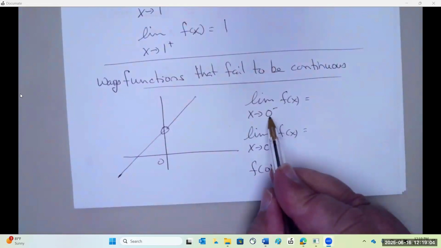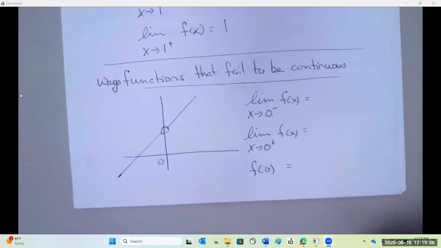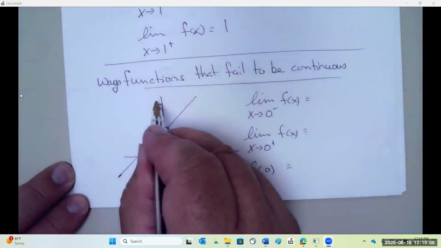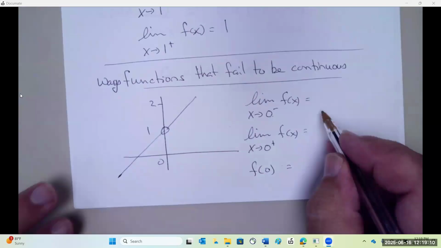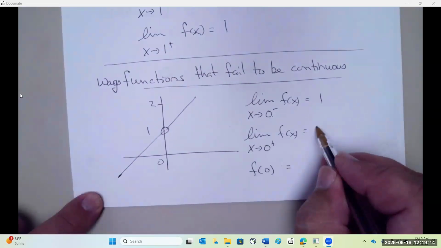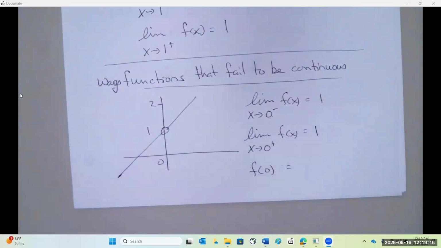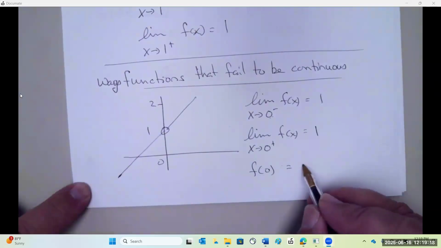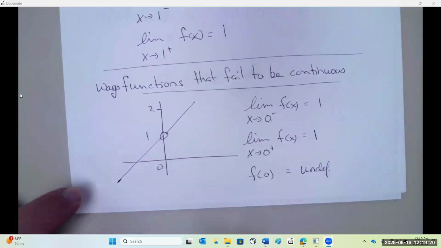So as x approaches 0 from the left, what do we get? Oh, this should be 1. That equals 1. As it approaches 0 from the right, it equals 1. At 0, it's undefined. Because it doesn't exist at that point, we have a big problem, since the domain doesn't contain the value x equals 0.